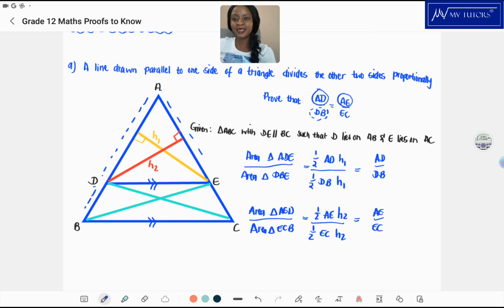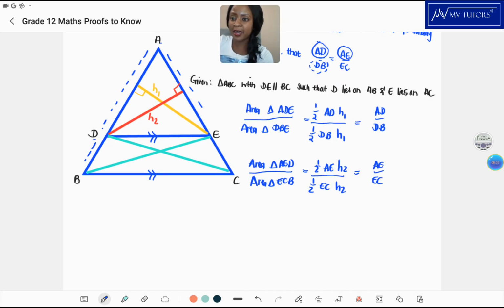Okay, so we are getting somewhere here. We have the stuff that is needed, but how do I then show that AD over DB is equal to AE over EC? Let's look at the trapezium BDEC or CBDE.